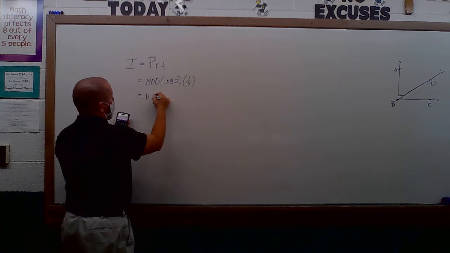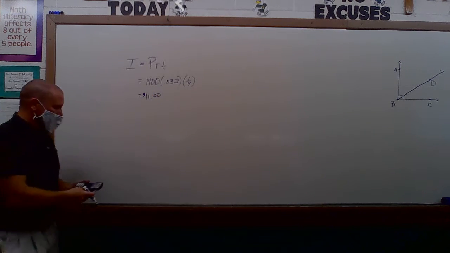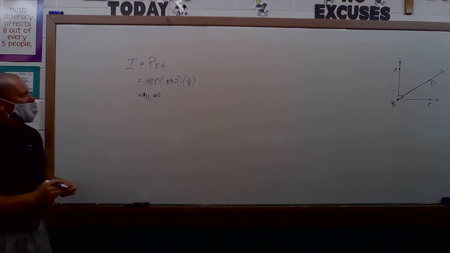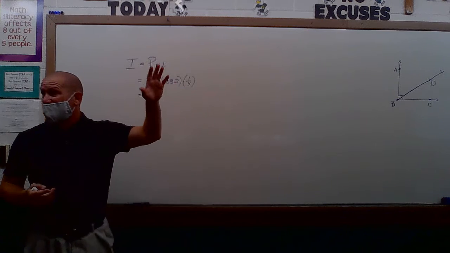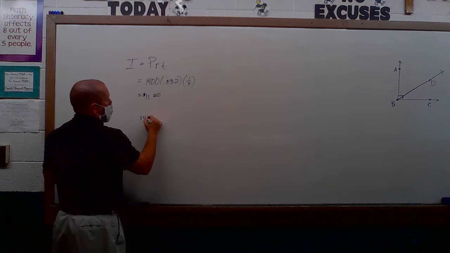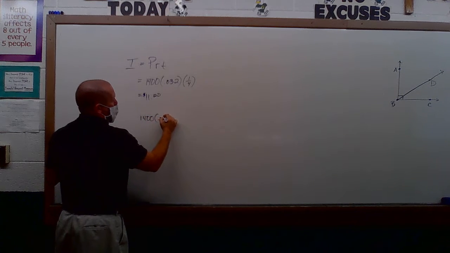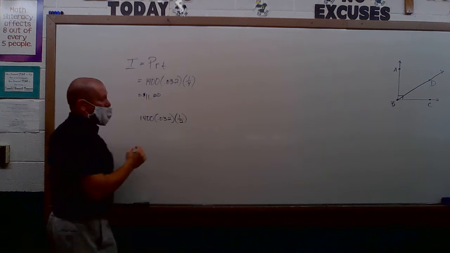Okay, now listen. You're going to say, well, why didn't I just do this as 1/2? Because 1/2 would be 6 months. So let's see if we do 1,400 times 0.032 times 1/2. Why would I do 1/2?